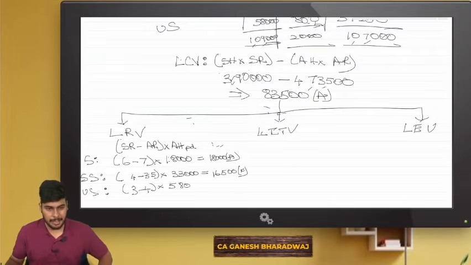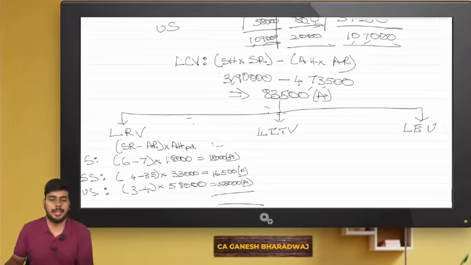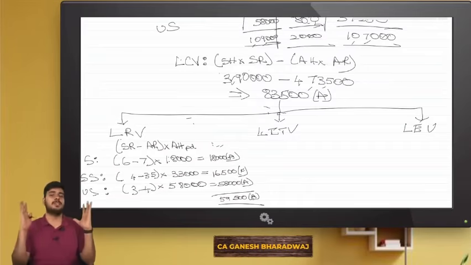So 58,000, adverse. Now sum all the 3 together. Net is adverse only, no? 58 plus 18 minus 16.5. Calculate, pick up your speed. 59,500 adverse. Are you clear with this?